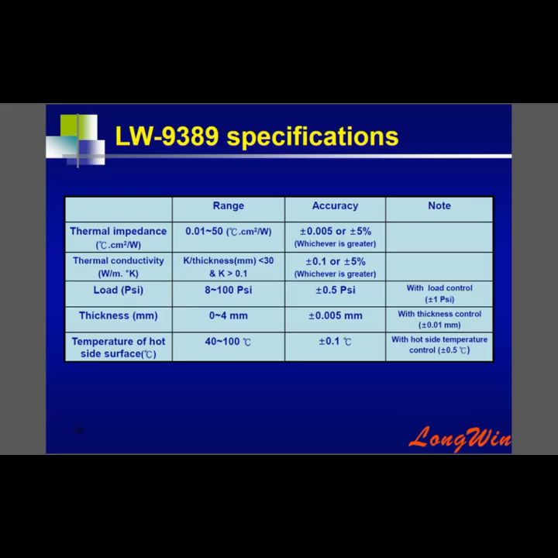And also thermal impedance is an important factor, so we have to consider thermal conductivity along with thickness. Take one example. If the material has the thermal conductivity 30 watt per meter per Kelvin, the proper thickness should be 1 millimeter or higher. If the thickness of the sample is smaller than 1 millimeter, that means it may be not suitable to be tested.